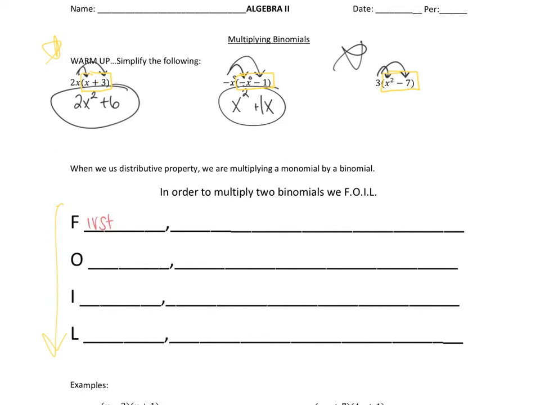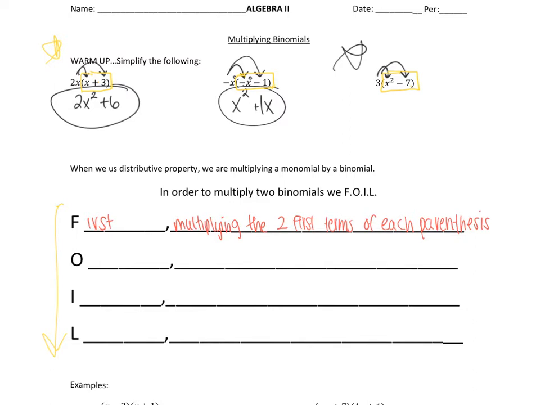And that means multiplying the two first terms of each parenthesis, okay? And you'll know what that means when we go do an example, okay?